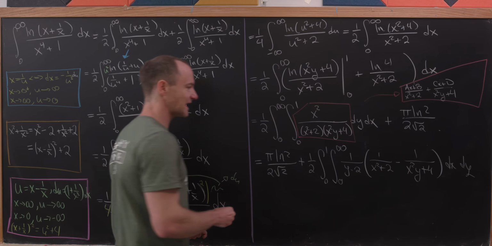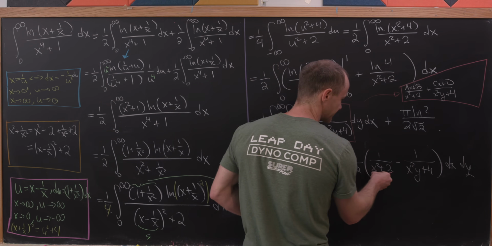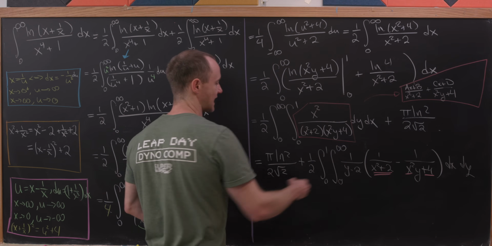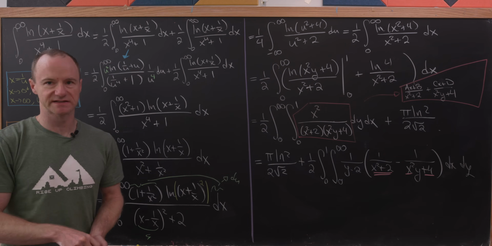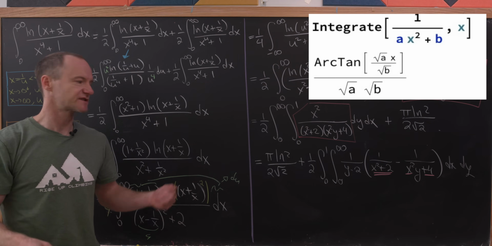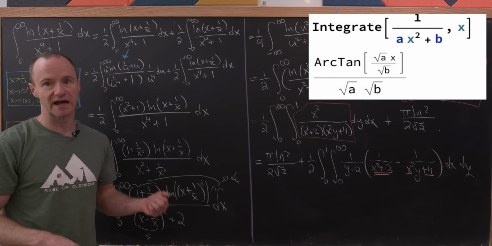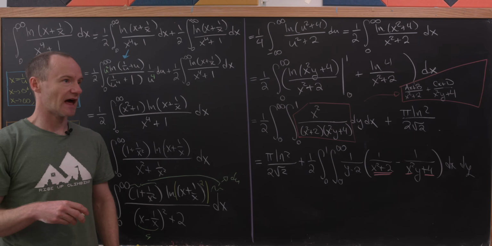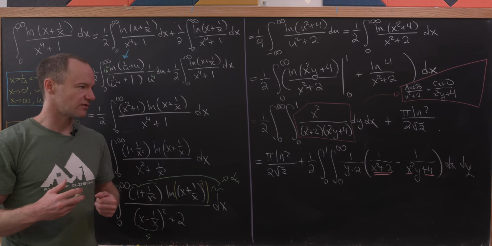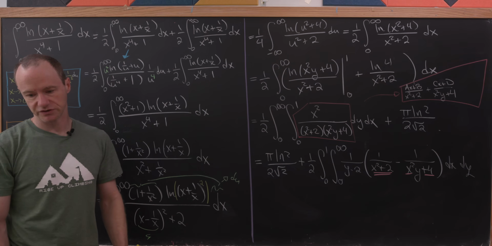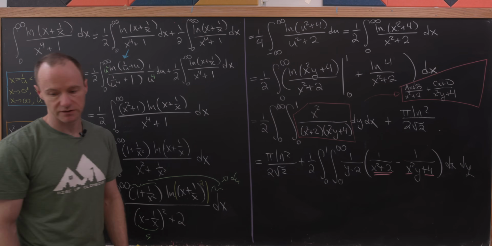But now these inner integrals here are with respect to x, whereas this constant out here is with respect to y. So that's not going to have anything to do with those inner integrals. And those are inverse tangent integrals that I can evaluate at 0 and infinity, just keeping in mind that the limit as the argument of the inverse tangent approaches infinity is pi over 2. So those will give you those values.